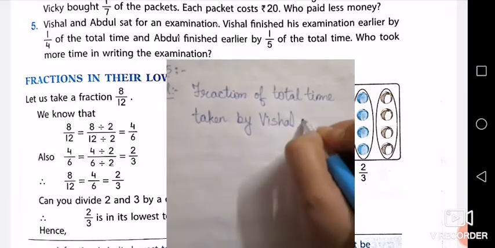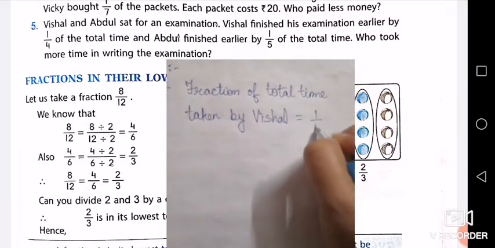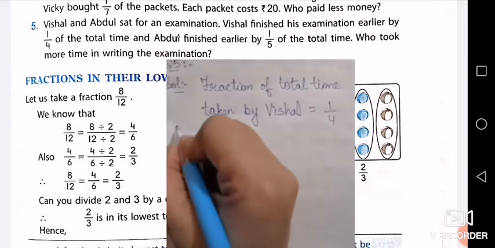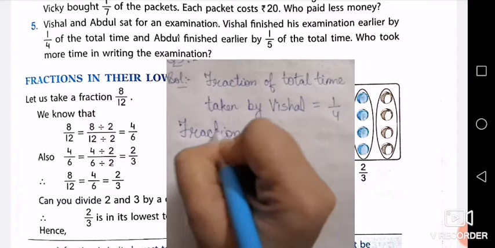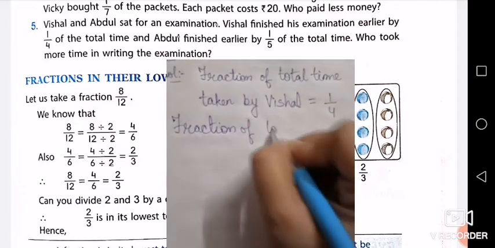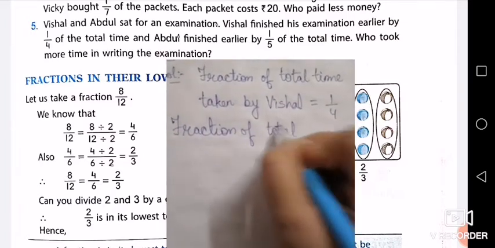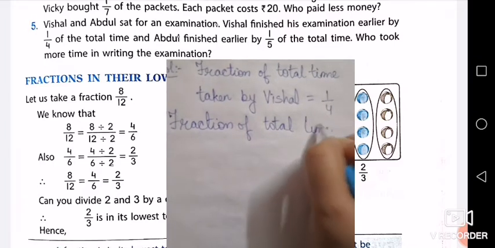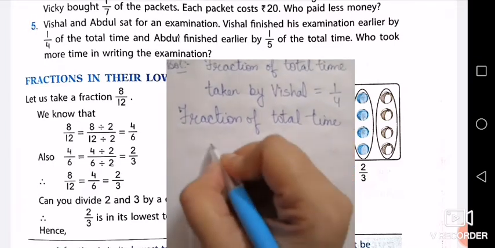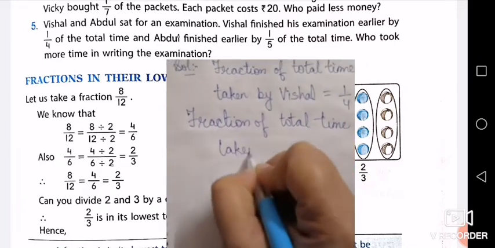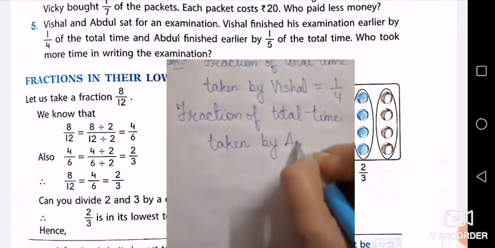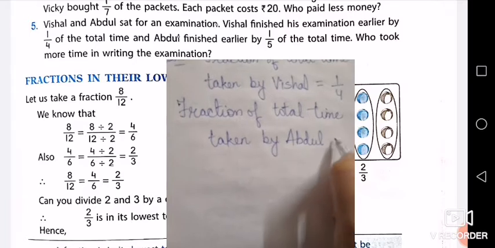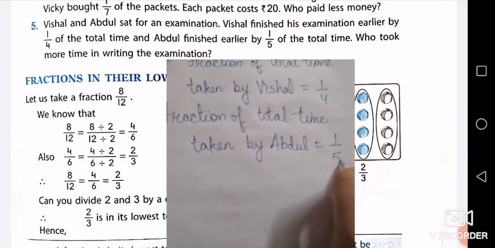Now fraction of total time taken by Vishal is 1 by 4. Then fraction of total time taken by Abdul, that is 1 by 5.